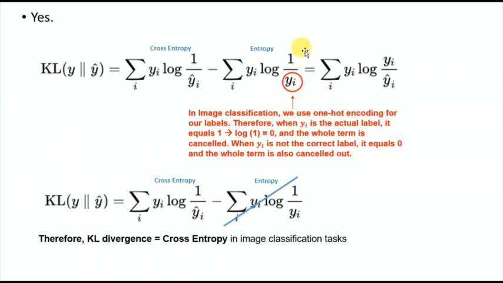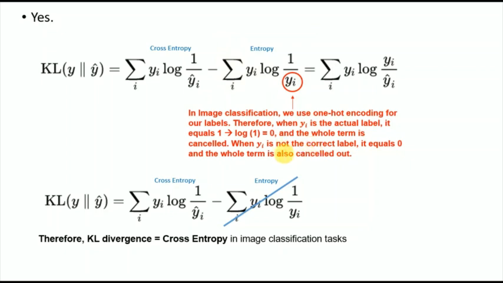If you look at this equation right here, in image classification we use one-hot encoding for our labels, as we said in the cross entropy lecture. When yi is the actual label, it equals 1, so you'll have log of 1 over 1. Since 1 over 1 is just 1, log 1 is 0, and you end up canceling this whole term out.